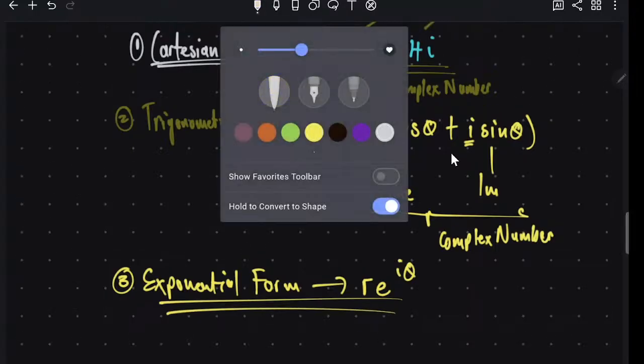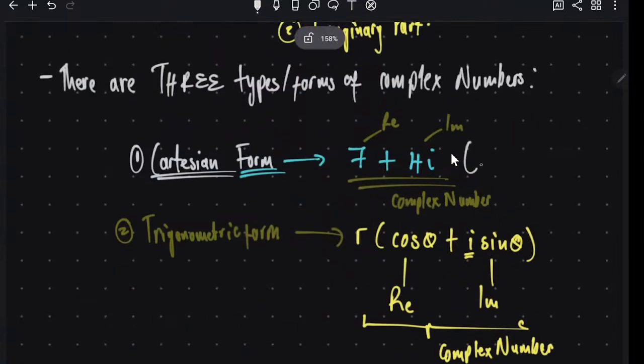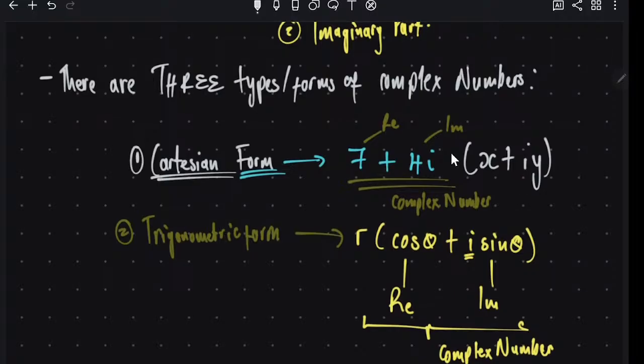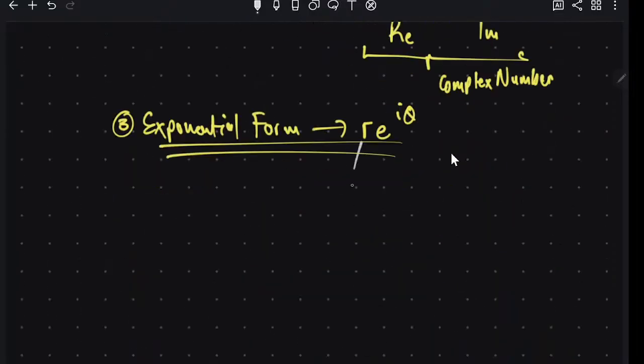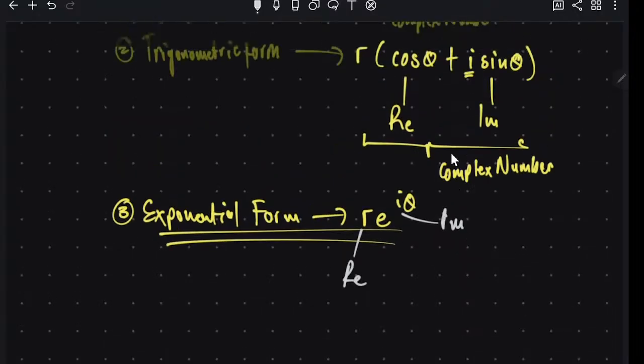Here, when we wanted to write this in notation, we could have said x plus iy or yi. This is how you'd write it. Well, obviously, this is the real part. This is the imaginary part. Here you have the real part, then here you have the imaginary part. This is the exponential form.